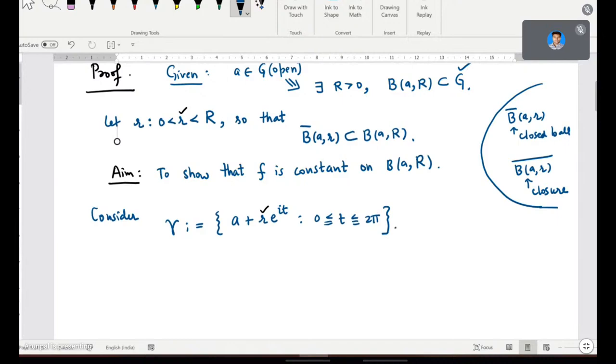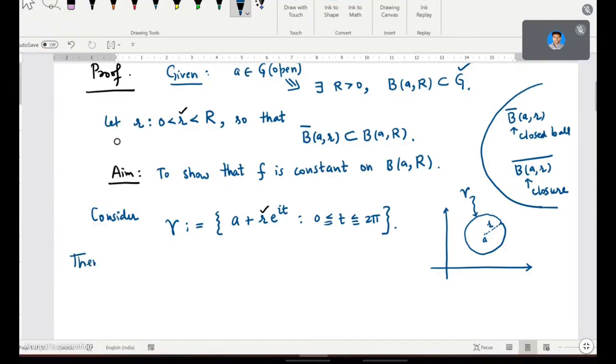I hope you understand that this gamma will be nothing but this circle, the center A and the radius r. So I am talking of this circle, right, class? This is gamma. Is this okay? Yes, sir. Okay, fine. So let us consider this circle, class.